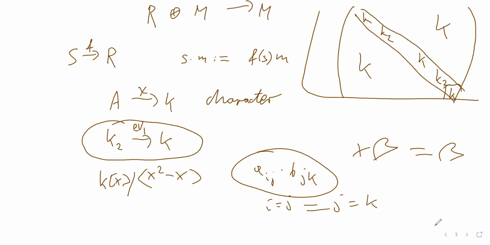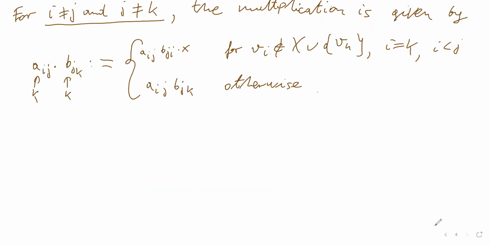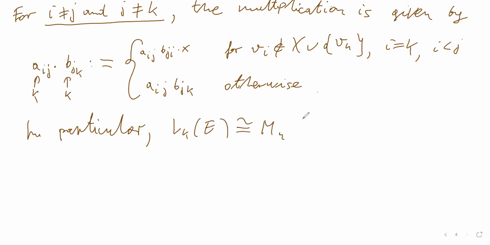I will just show a concrete example. First, in particular, when you take X to be the set of all regular vertices, let me write it down. If I take the Leavitt path algebra of this graph E, then this is indeed the matrix algebra. Because when do we get the Leavitt? We get Leavitt when X is all regular vertices. When X is all regular vertices, then this set is E0. These are all vertices, which means that this condition is vacuous.